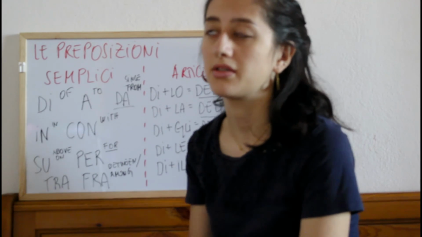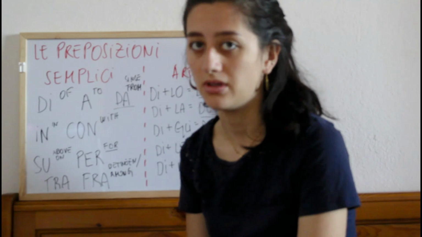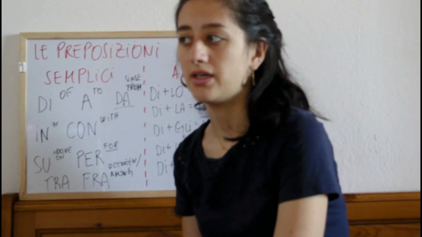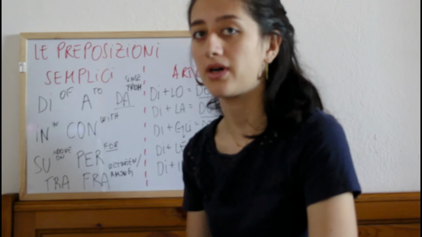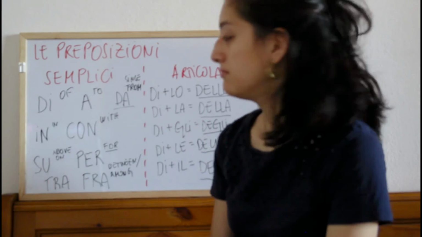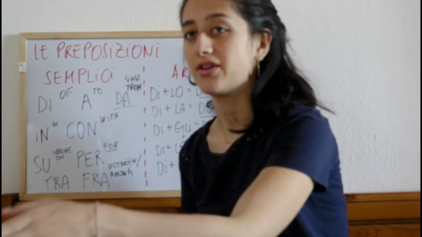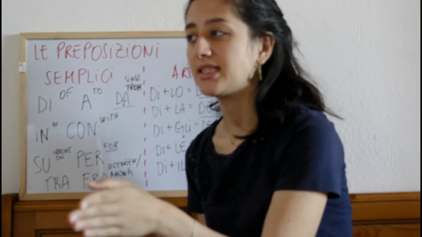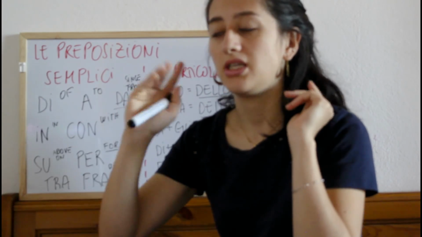Del tavolo here means of the table. It has the meaning of belonging, not of a part of something. Del cane also here means not some dog, but it means del cane, meaning that something belongs to the dog.